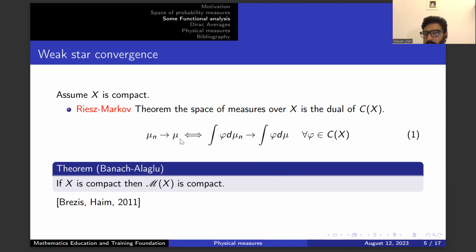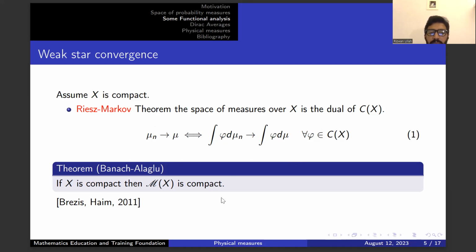We say that a sequence mu n converges to mu if and only if the integral of any continuous function p with respect to mu n converges to the integral with respect to mu, and that's for all continuous functions over the space X. So we just need to remember this definition of what we mean by the weak star convergence, or the convergence in the space of probability measures.